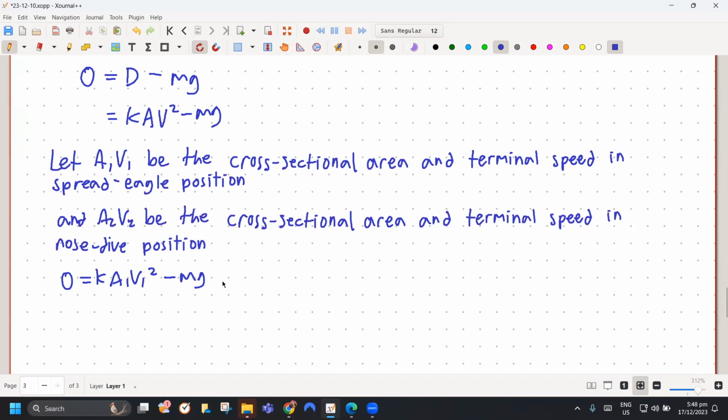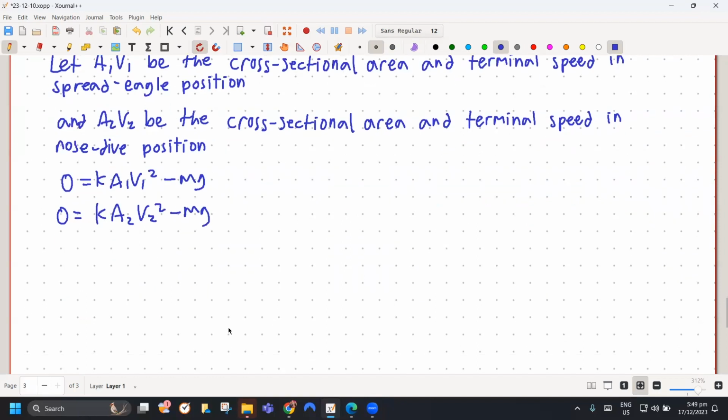And we also have 0 is equal to k A2 v2 squared minus mg.